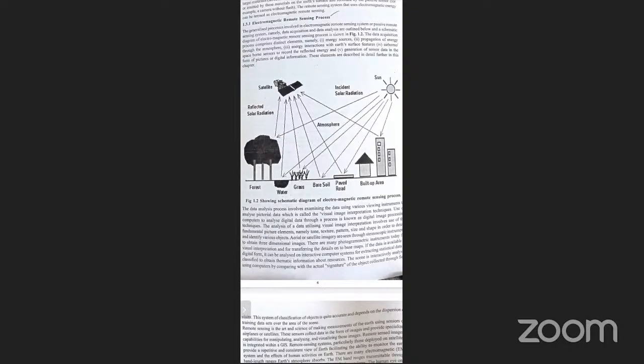That means the remote sensing system, particularly what we are using, we are getting the information from the satellites or from the airborne services, whatever data it is giving information about target areas or about the features which are settled on Earth.